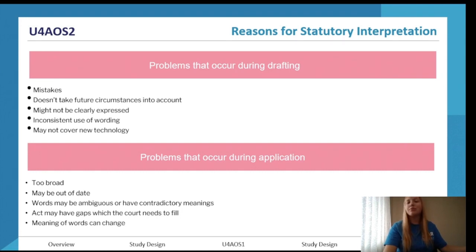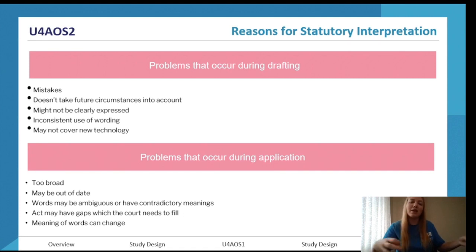Next, we'll have a chat about the reasons for statutory interpretation. So there's several things here, but why do we interpret acts or law? Why do judges do this? There might be problems that occur during drafting.